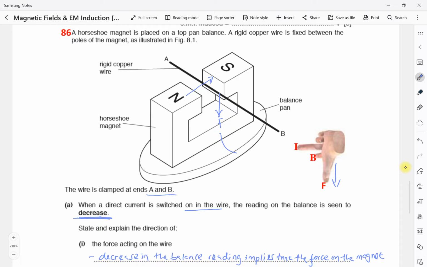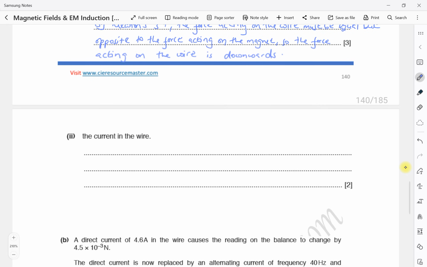I tried my level best to demonstrate this with my left hand, but it's not very perfect. I couldn't make it point exactly in that direction. So the field is in that direction. Make the first finger point in that direction and try to make the thumb point downwards. You will see that the second finger, which shows the direction of the current, will be in that direction there, which means that the current is going to be from A to B.